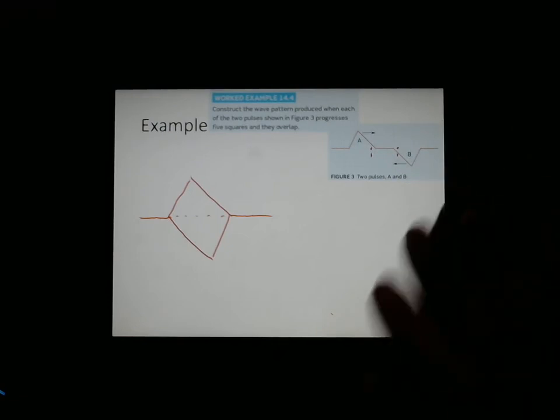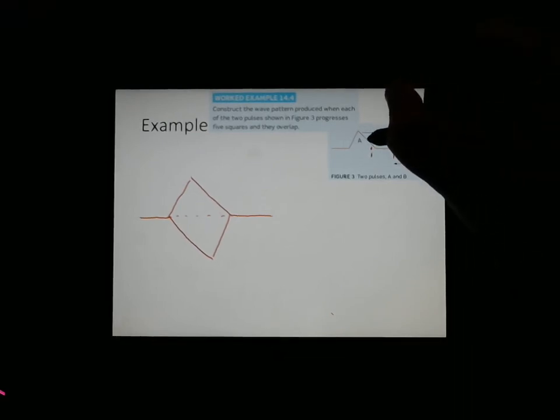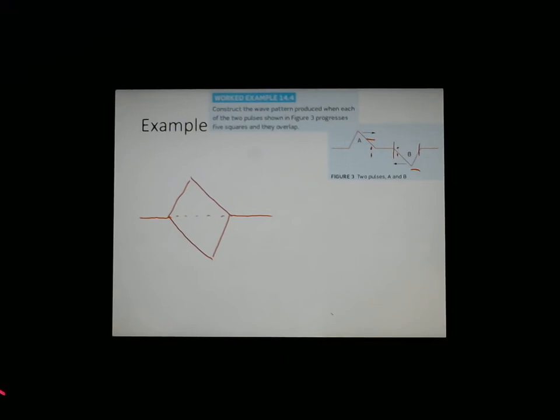This is why doing this on grid paper can be a lot easier. All I've done here is noted that these are the same width. So if this is 2 in from here, I want 2 in from the end there. This has a height of -4, this has a height here of +2.